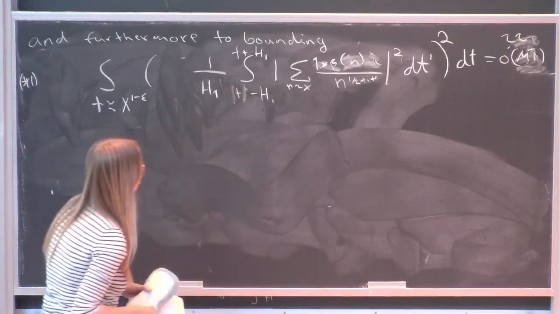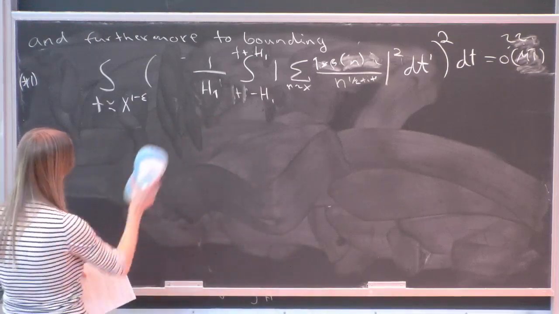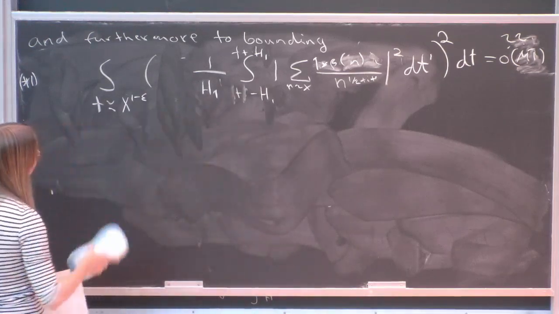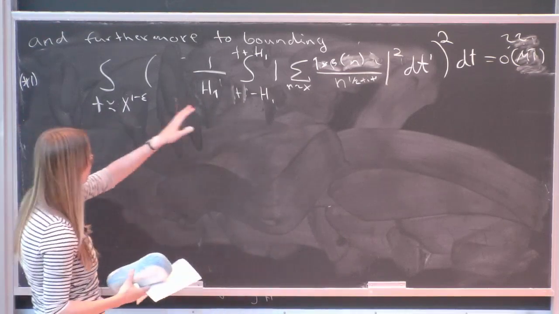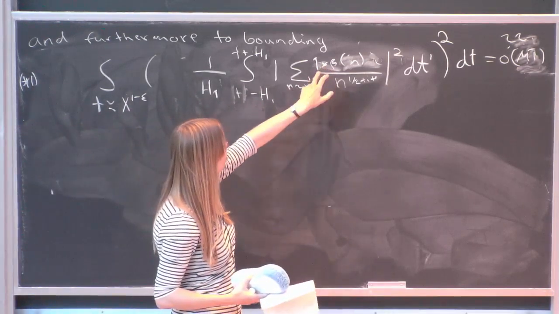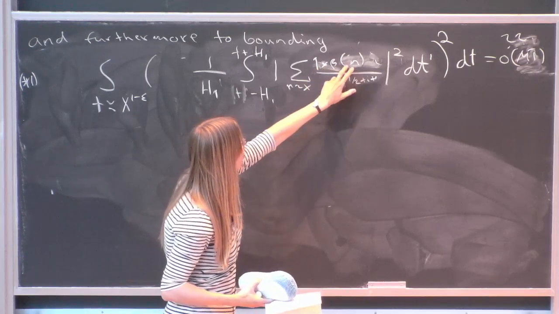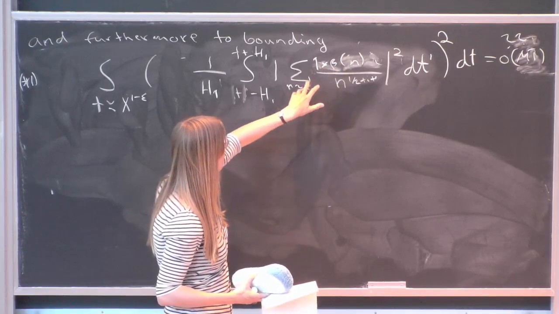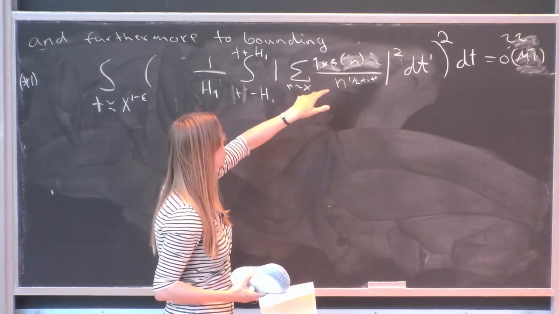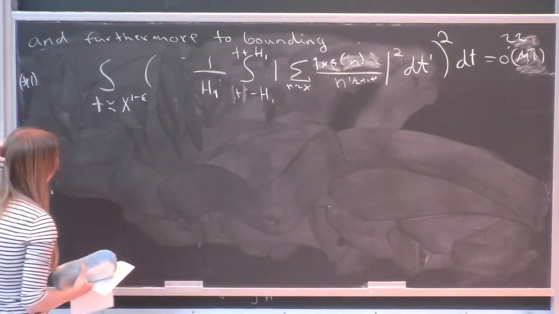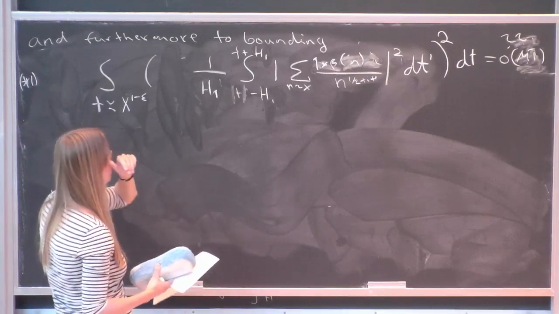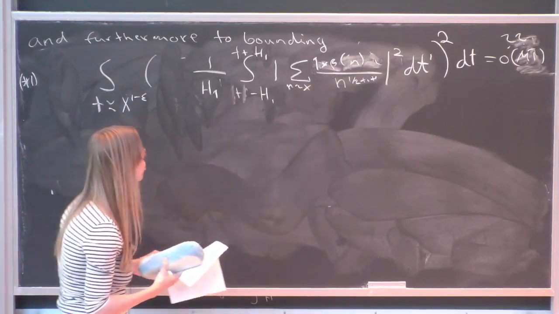Okay, and unfortunately, I don't have time to go into much detail about this, but here we can use Cauchy-Schwarz to separate the 1 and beta, and the point is that we will need to save something in both of them or get a good bound for both of them.